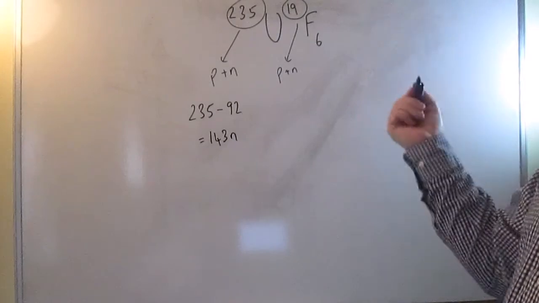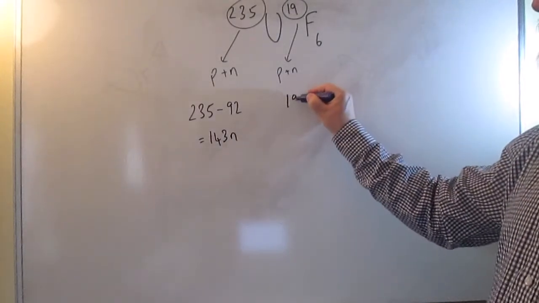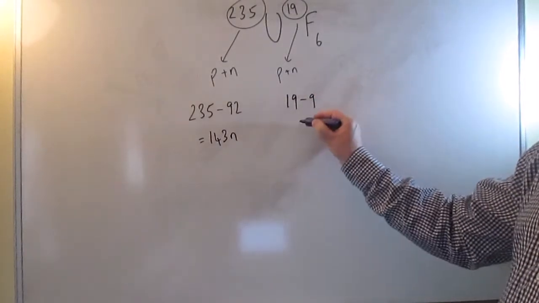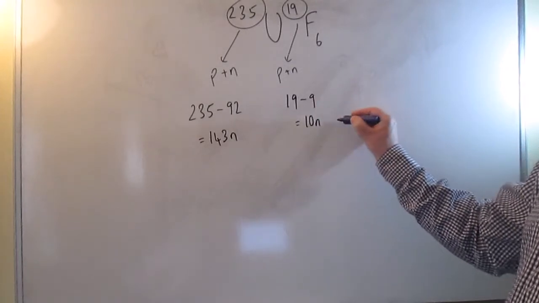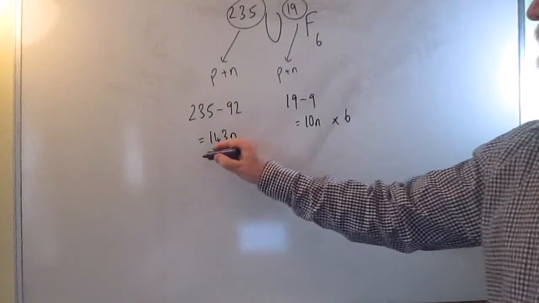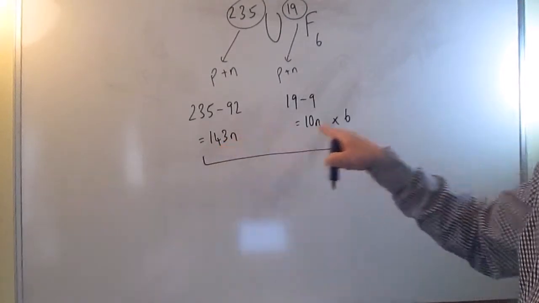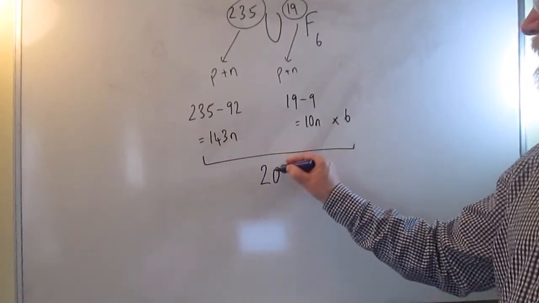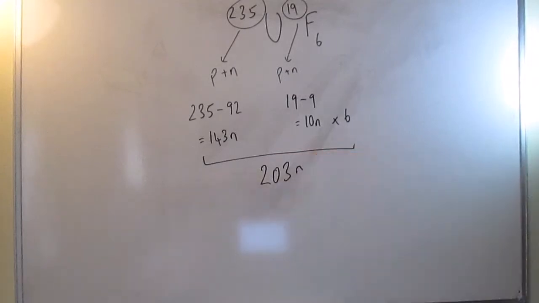Fluorine, again you look up the atomic number is 9, so you get 19 minus 9 is equal to 10 neutrons times 6, because there are 6 fluorines there, and so the total number is 143 plus 60, which is 203 neutrons, and therefore the answer is D.